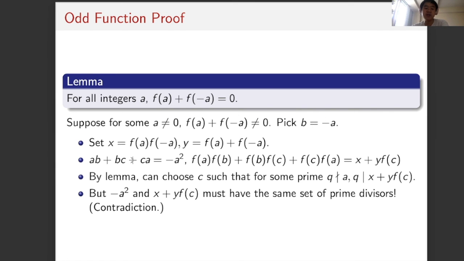Then ab plus bc plus ca is minus a squared regardless of c. And for the right-hand side, we basically have this form. Set x equal to f(a) times f(-a), and y equal to f(a) plus f(-a). Then the right-hand side is just x plus y times f(c), which is exactly what we want from the lemma.